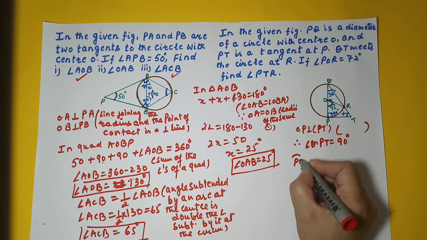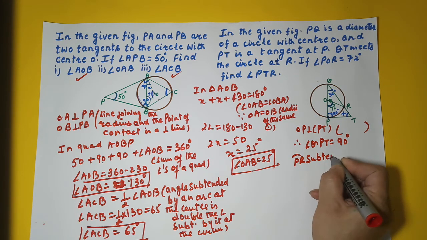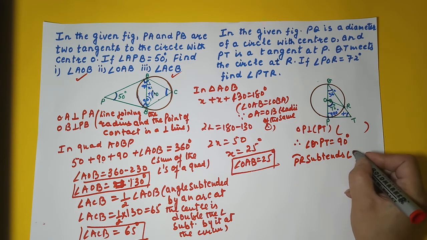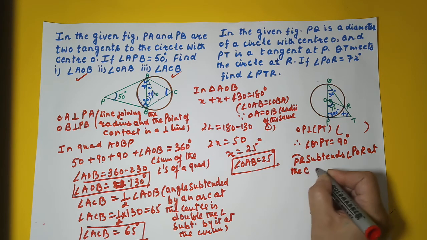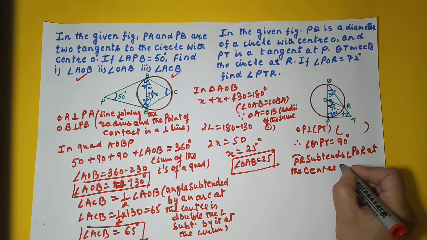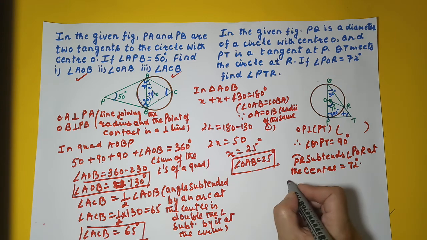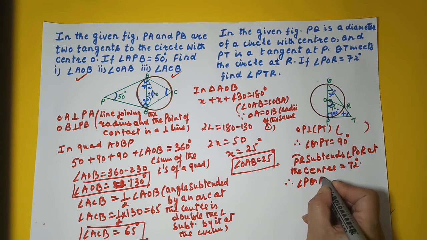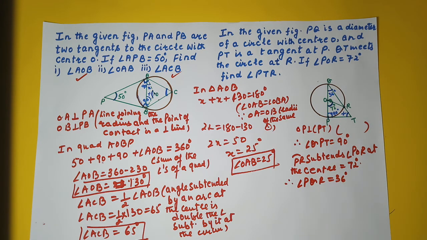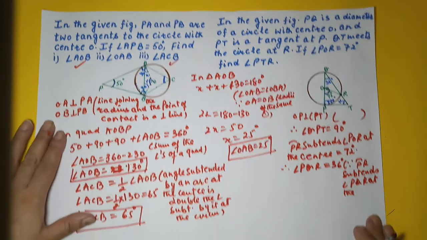Also, arc PR subtends angle POR at the center, which is equal to 72 degrees. Therefore, angle PQR is equal to 36 degrees, right? Because arc PR subtends another angle, which is that angle PQR at the circumference.